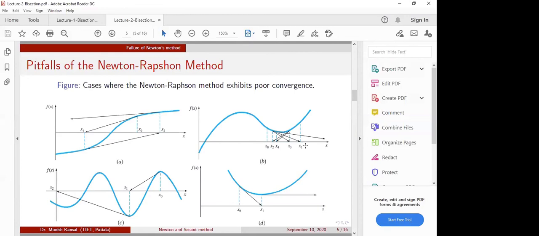So this is the divergence problem encountered by the Newton-Raphson method, right? Similarly, there are many other issues: oscillatory issues, divergence issues, right? These are a few issues that we will also discuss in the ongoing problems. There we will do a question where all these things come up, where the derivative becomes zero and we will not be able to find the root, right? So these are a few issues that you have to keep in your mind, right?